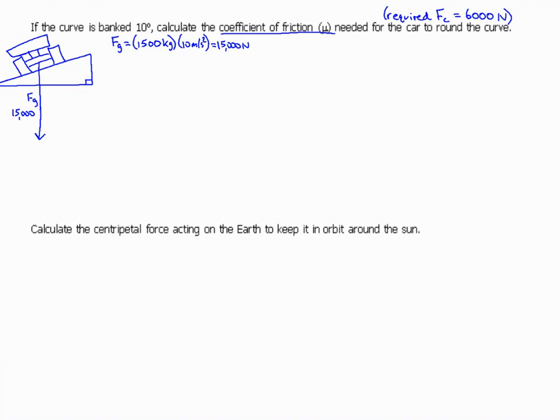Then we separate these into their component vectors. So we have two component vectors. There is this one, which we call the force perpendicular. This is the force holding it against the surface. And then we have the force parallel.